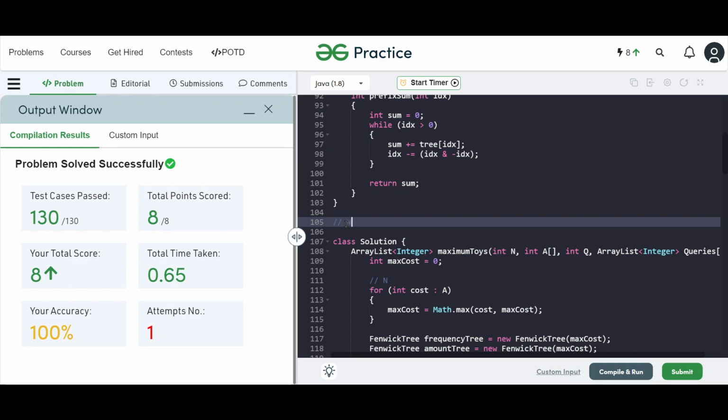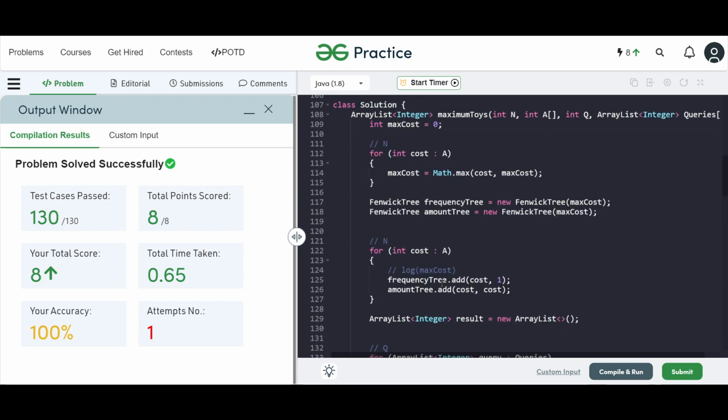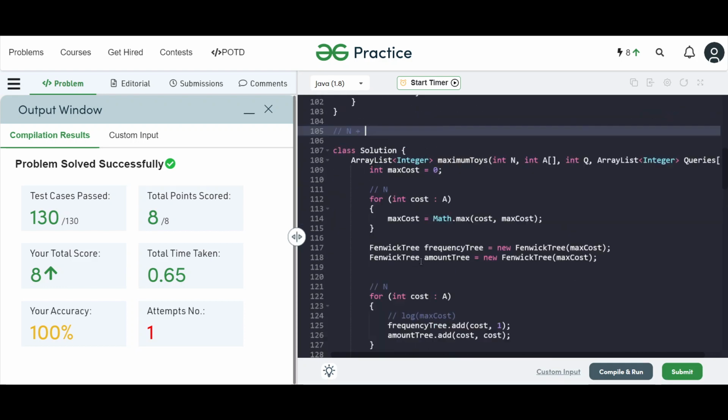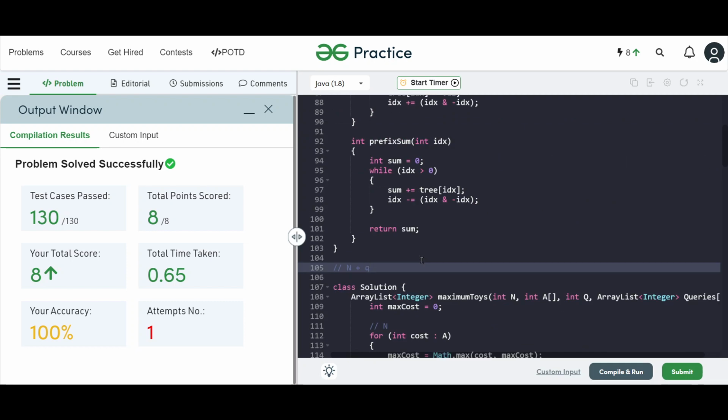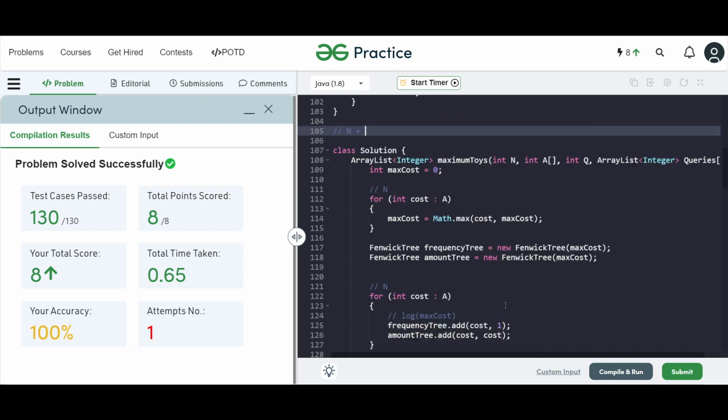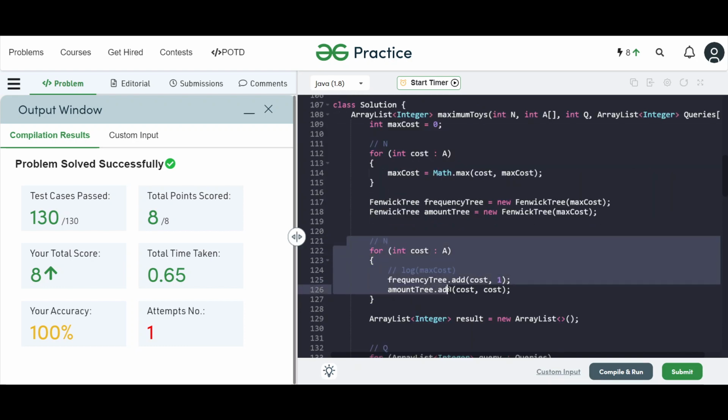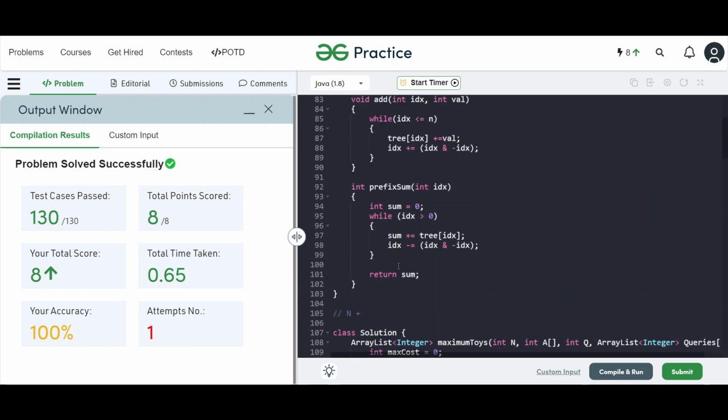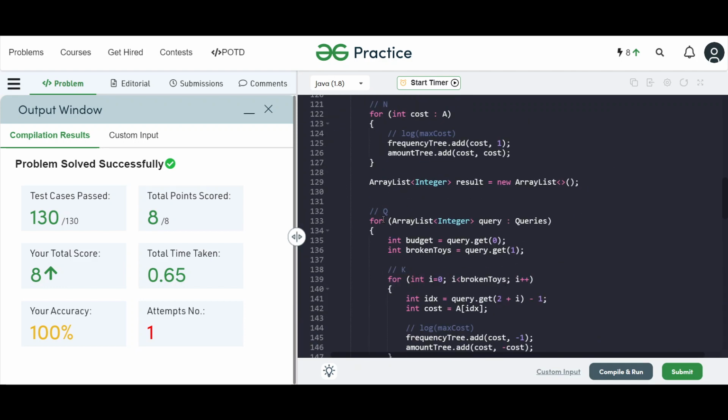Now the overall time complexity. n plus n times log of max cost is n times log of max cost. Then you go for each query.